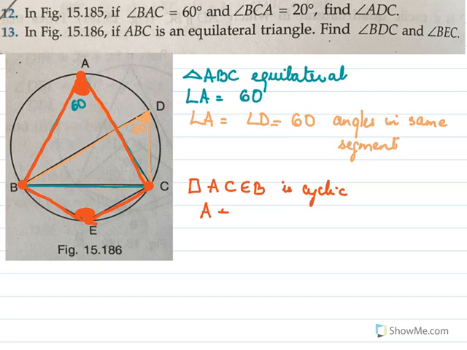That is A plus E equal to 180. A is 60 plus E 180, so E will be 120. So this angle is 120.